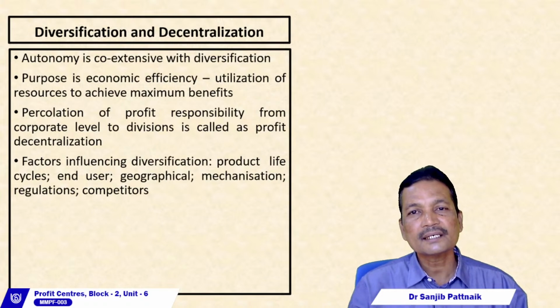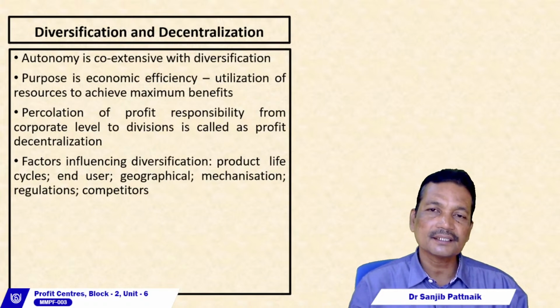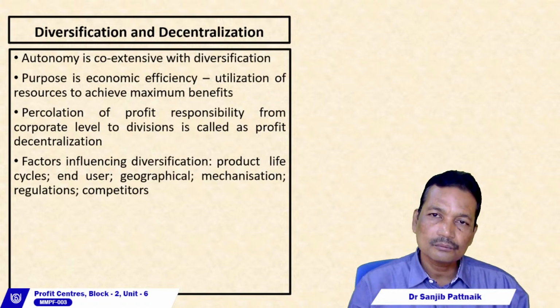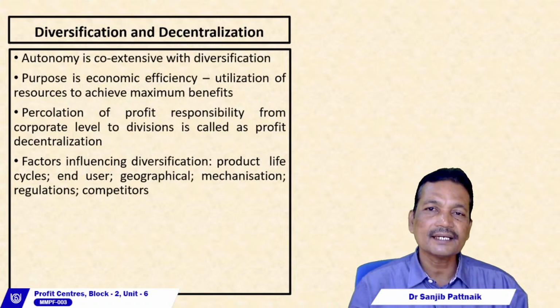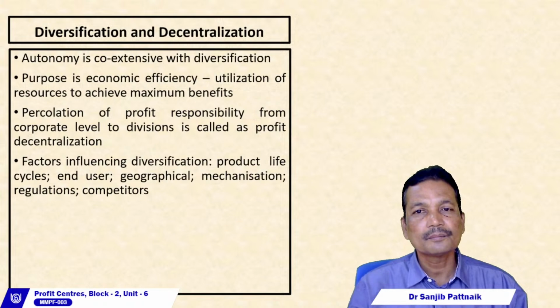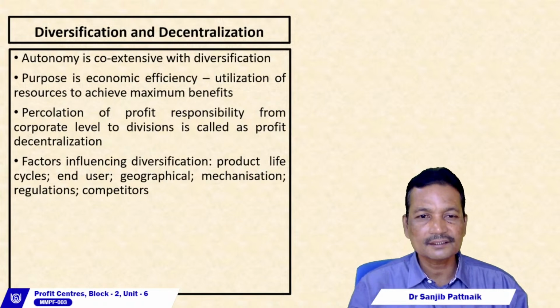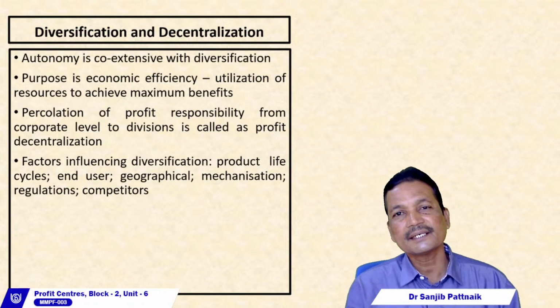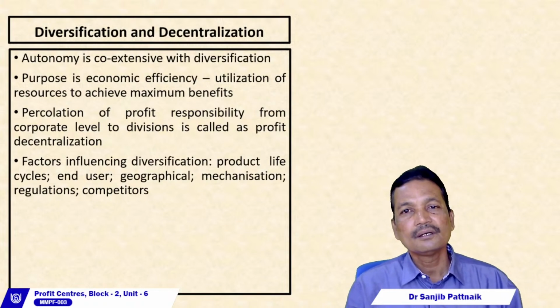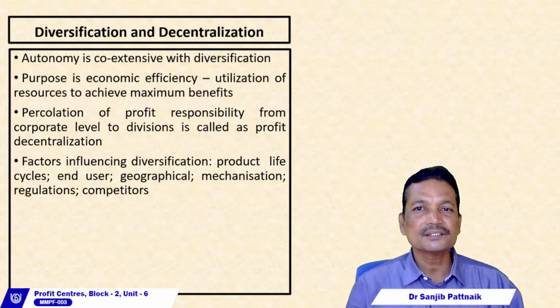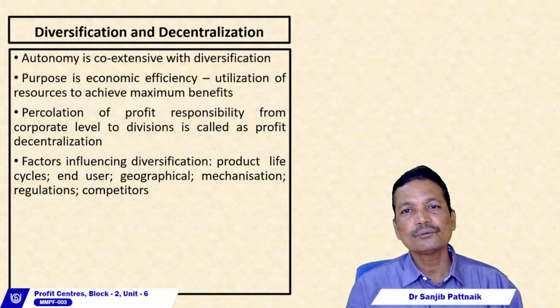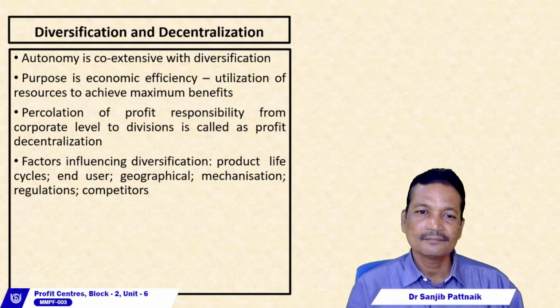And looking at the past track records and the future economic conditions, the management decides that the profit centers A, B, C, D, the four, will contribute in the ratio of 20 is to 20 is to 20 is to 40.